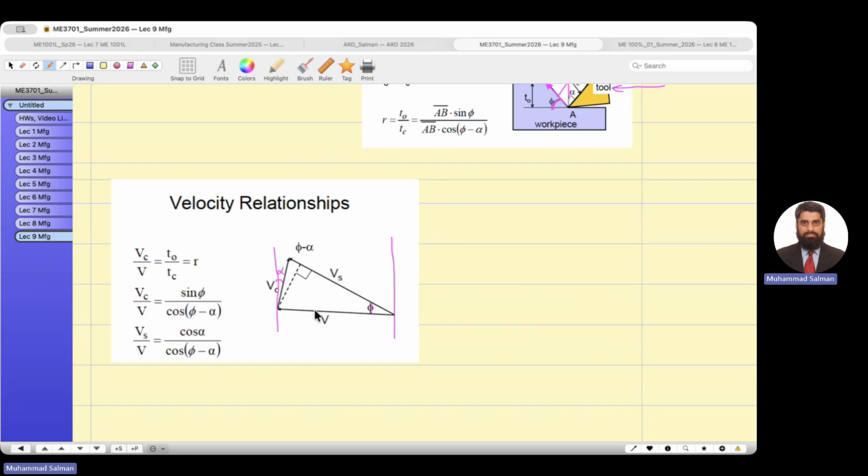Agreed? And suppose this angle is x. I'm going to show you how you get this angle phi minus alpha. If this is alpha, this is 90 degrees, because we assume they are at 90 degrees. So what is this angle? This angle is 90 minus alpha.